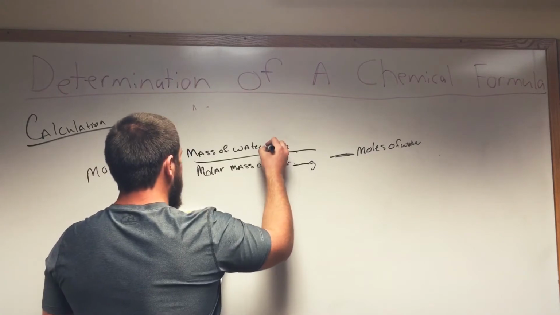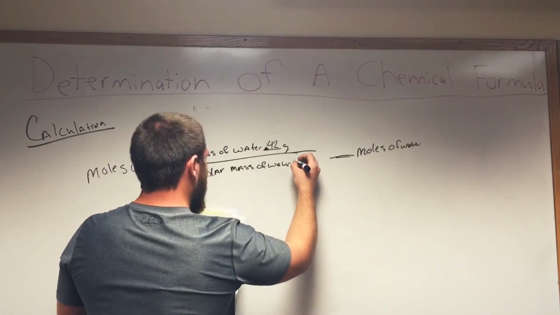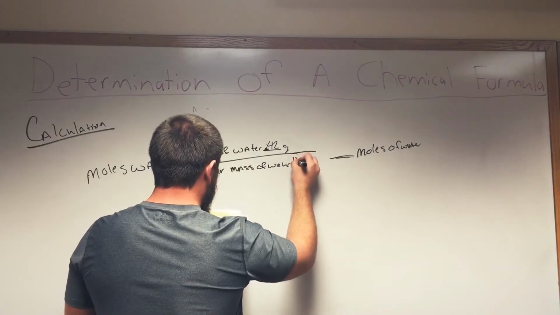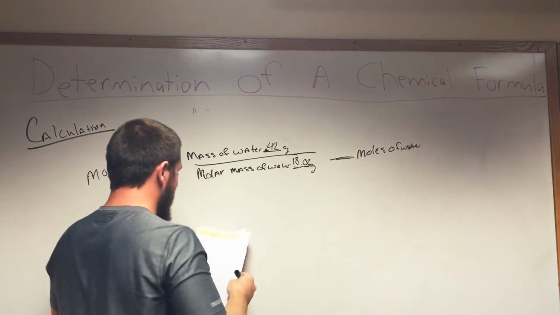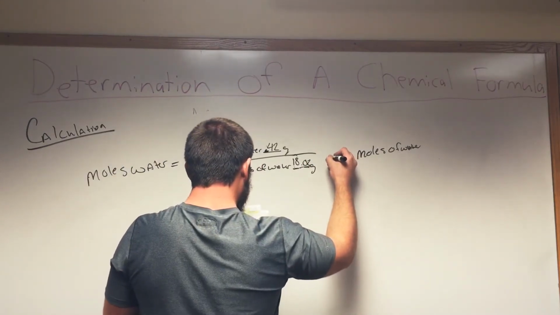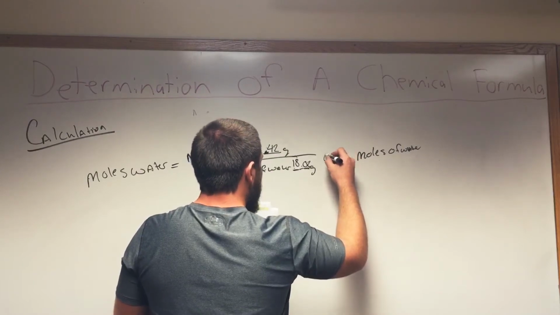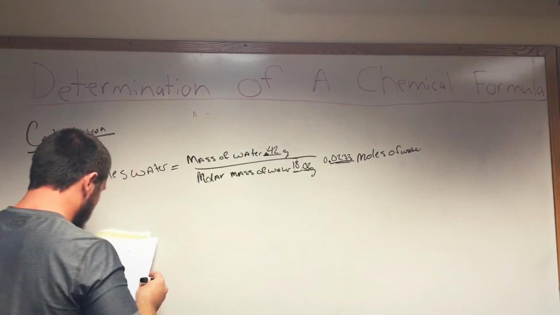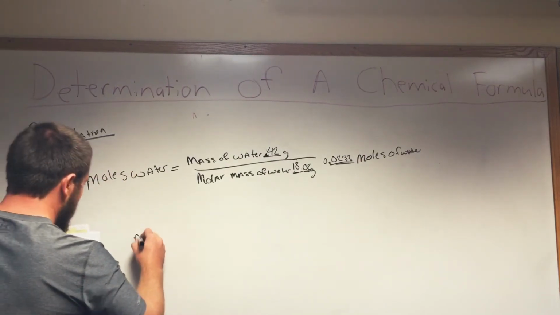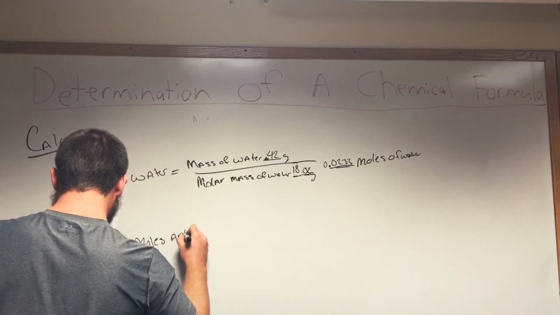In the experiment, the mass of water was 0.42 grams and the molar mass of water is 18.02 grams, and that gives us the moles of water being 0.0233.